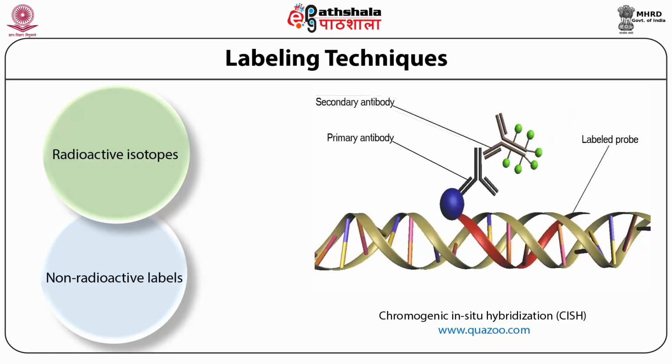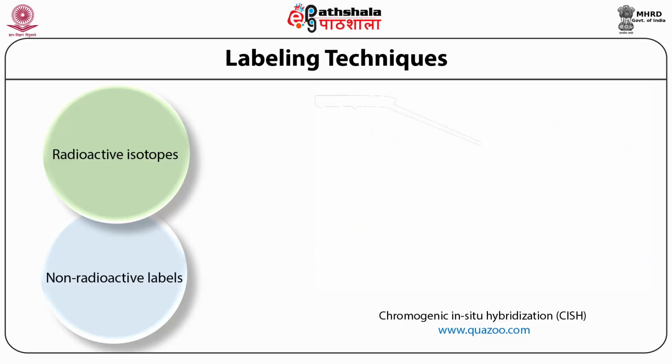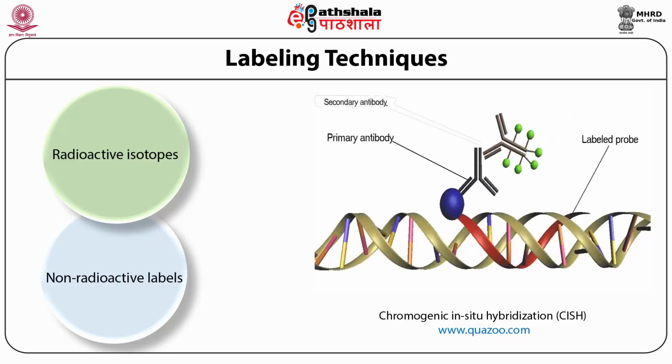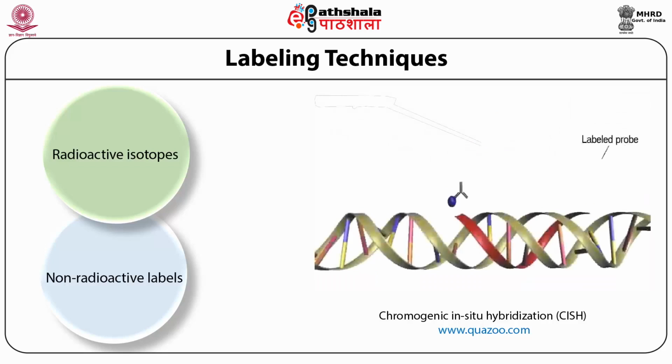These include biotin, digoxigenin, alkaline phosphatase, rhodamine, and fluorescent dye. More than 2 probes can be visualized at the same time with the use of fluorescent labels. The technique wherein fluorescent label is used is popularly known as FISH or fluorescent in-situ hybridization.